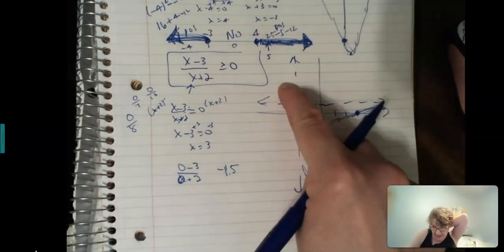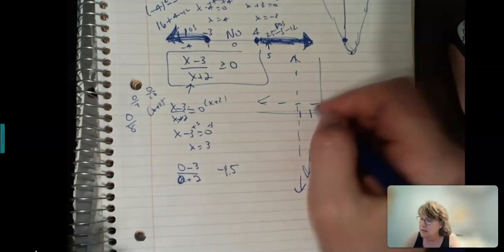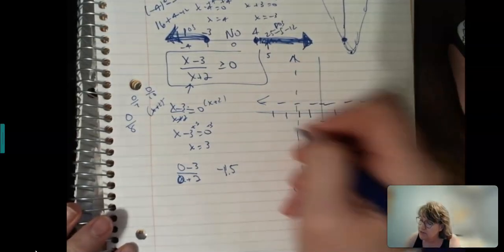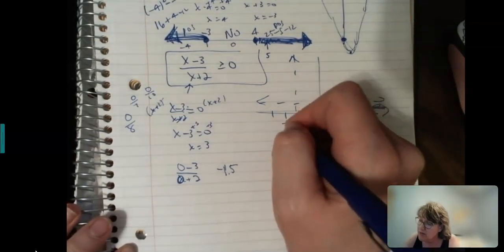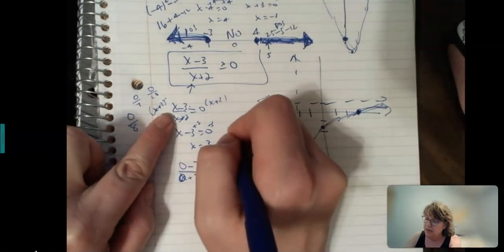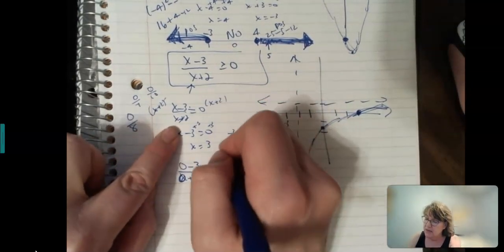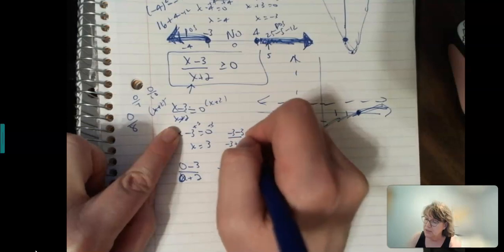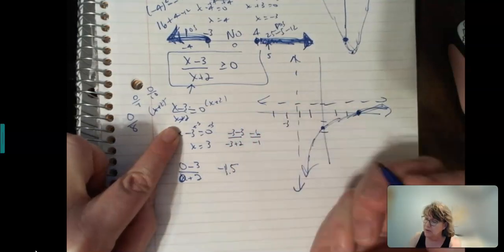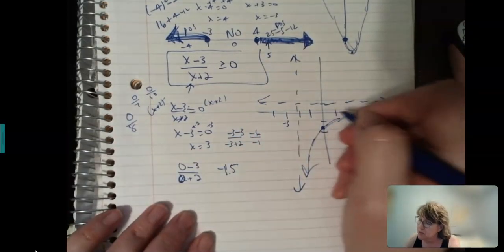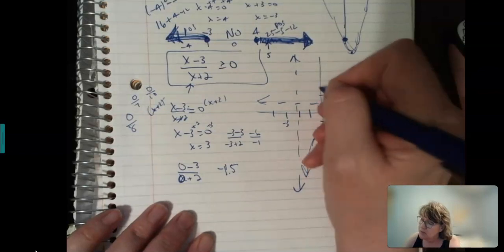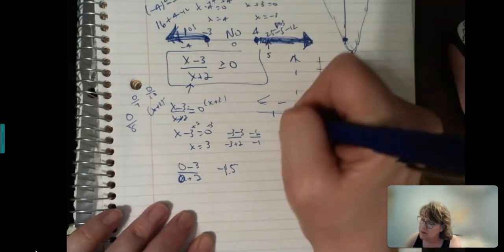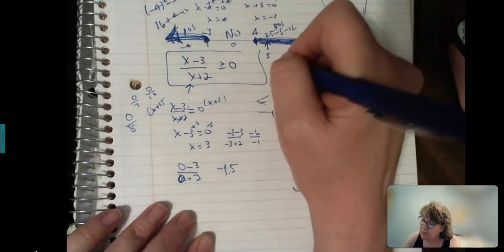All right, let's see what's happening over here just to get an idea. Maybe let's just sub in negative 3. A negative 3 minus 3 and a negative 3 plus 2 is a negative 6 over negative 1. That's a positive 6. So let's see, 2, 3. So we're up here maybe.